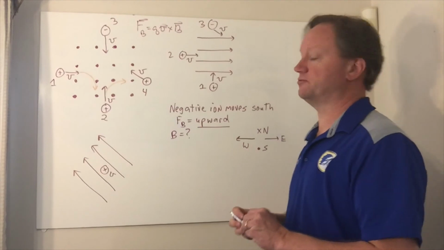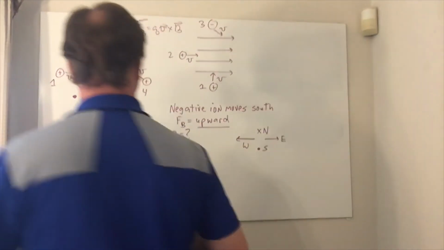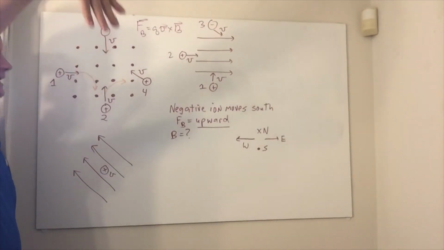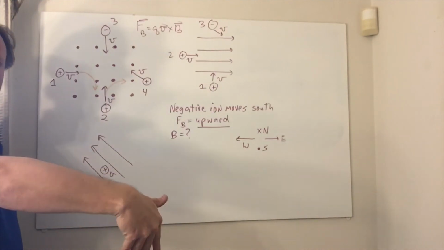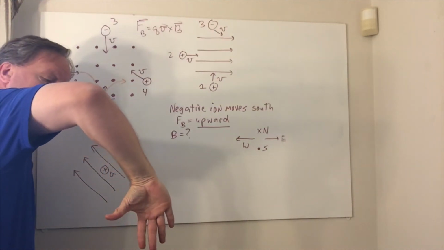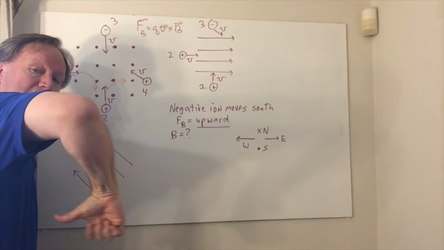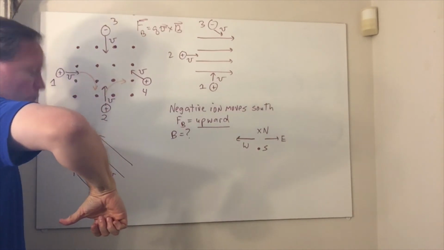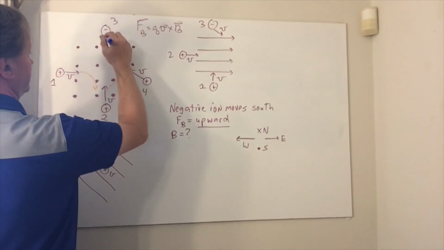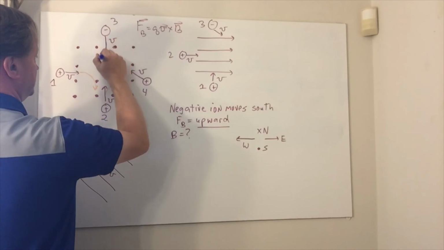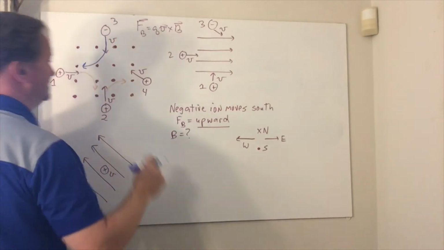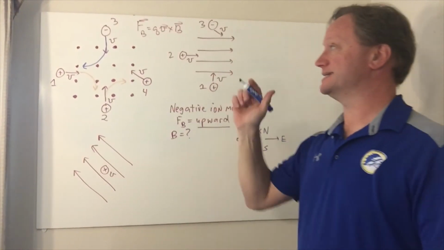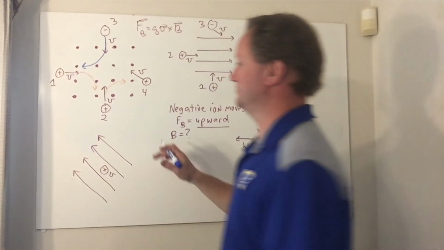Okay, particle number 3, right-hand rule, QV cross B. Now I need to come downward, rotating my wrist around so that I can rotate my fingers outward. I'm pointing this way. If I'm pointing this way, this particle is going to curve around in that direction, except it's negative.